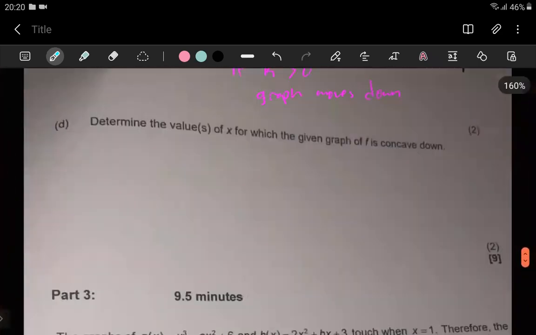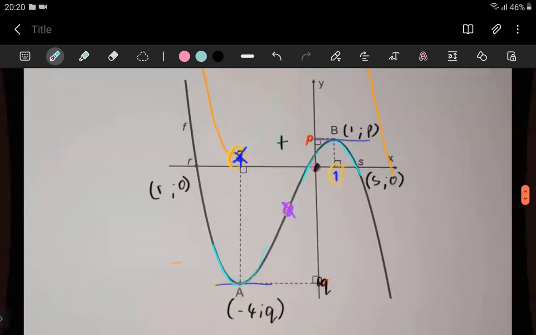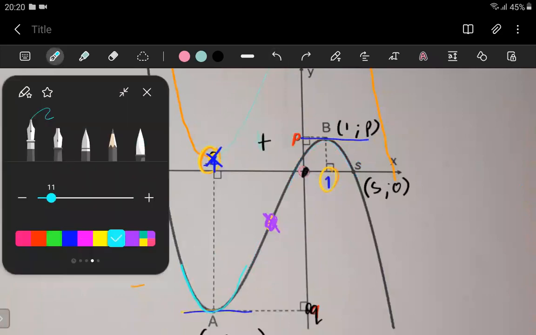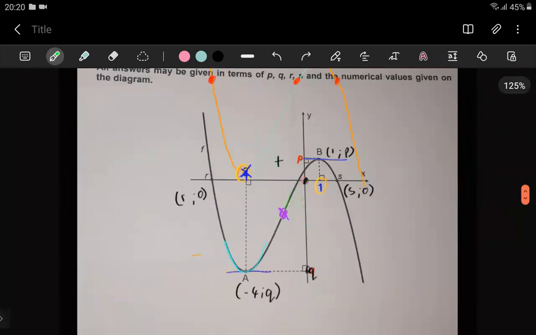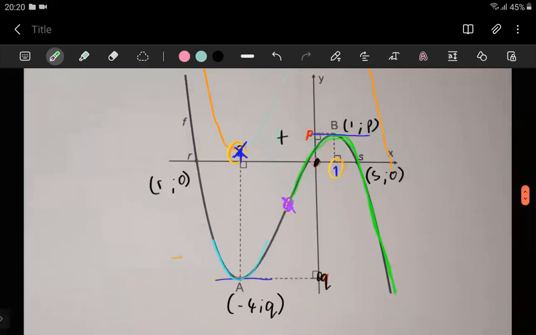Because they're asking us where the graph is concave down, it means we are talking about the right side of the graph, which is, let me actually give it a different color. Okay. So the side that's concave down is the right side of the purple dot, which is this side here. The fortunate thing is, all we need to do is know the x value of the middle of our graph.